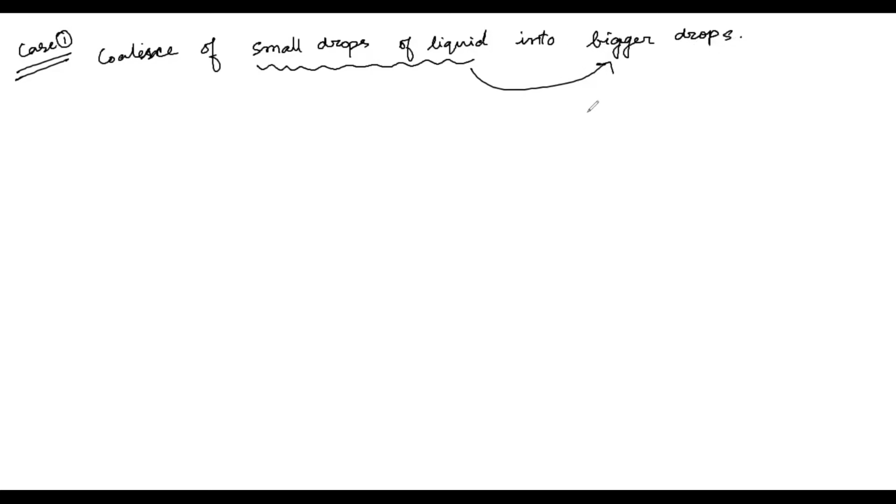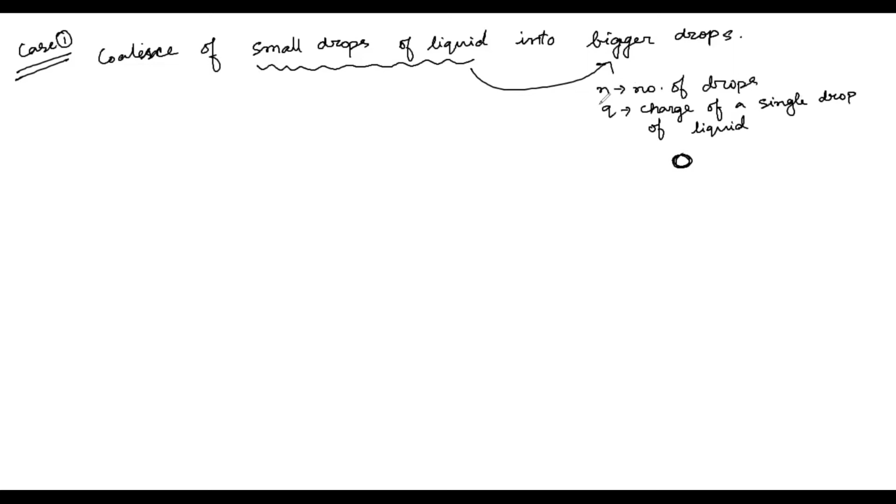Okay. For the algorithm, we will assume, let's say that this is a single small drop of liquid, and say that he is having a charge Q. Q is the small q is the charge of the single drop of liquid, and we say that we are having n number of such drops.